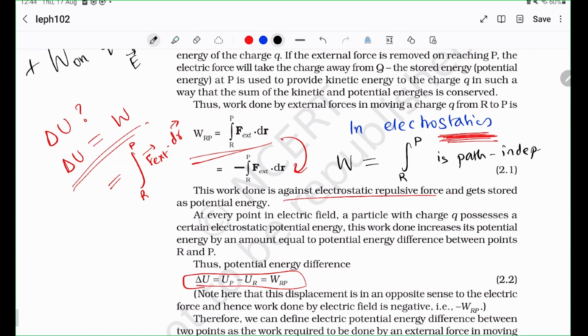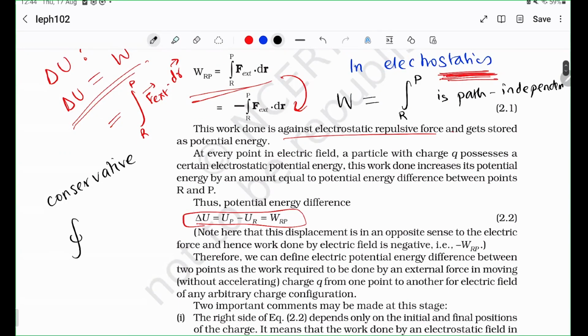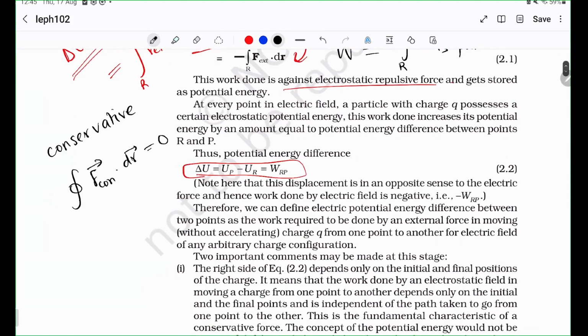In other words, these electrostatic fields are conservative. Conservative as in the work done on a closed loop due to their forces is zero.